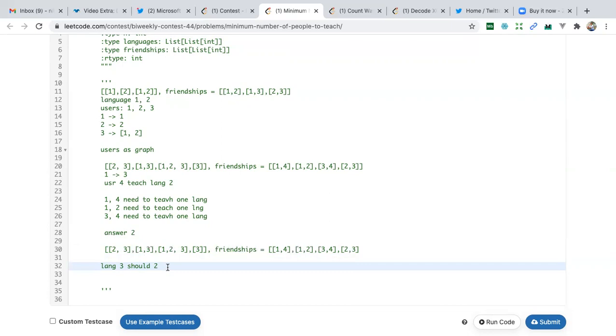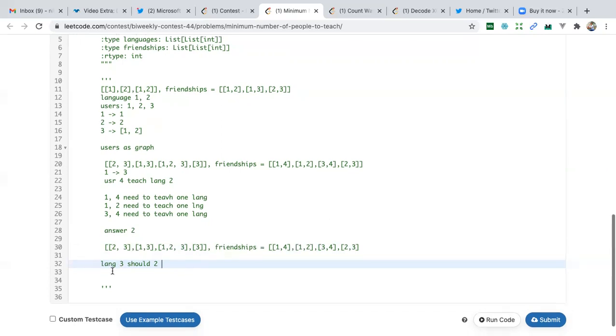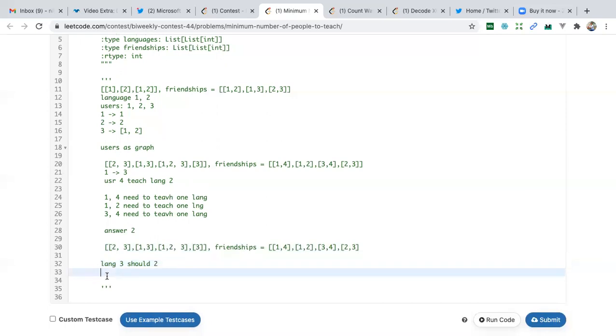And we can try all the languages like this and see the least amount of effort we need to take, something like that. We can try all the languages and see if we can teach it. So we can try to implement that, I think, and see.